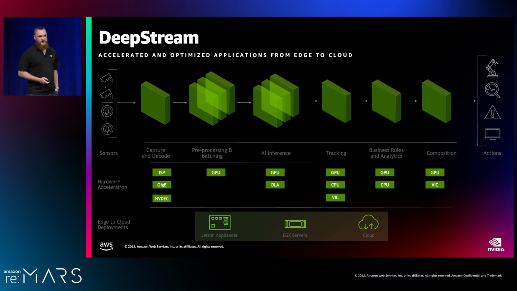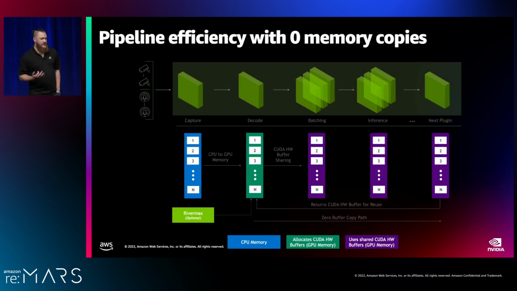So what's the advantage of having all of this on the GPU? Obviously, if it's enough workload, it's going to run a little bit faster. But one of the biggest benefits is not copying data back and forth between the GPU and CPU. One of the biggest parts of my job is profiling customers' code and trying to find the bottlenecks where we can speed it up. And one of the biggest things that we find is unnecessary copies between CPU memory and GPU memory.